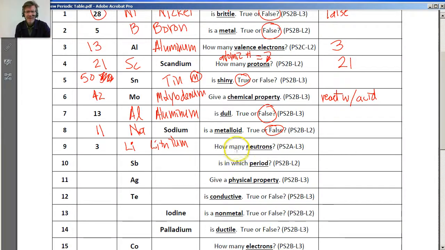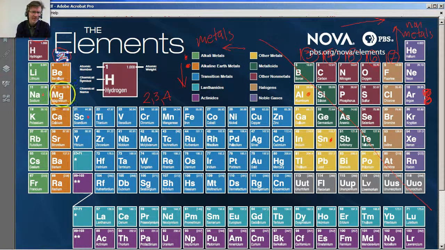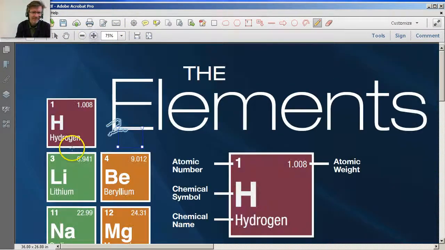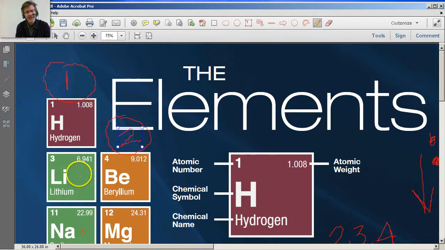How many neutrons does lithium have? So lithium, let's zoom in a little bit here. Lithium has an atomic mass of 6.941. That is almost 7. Okay?